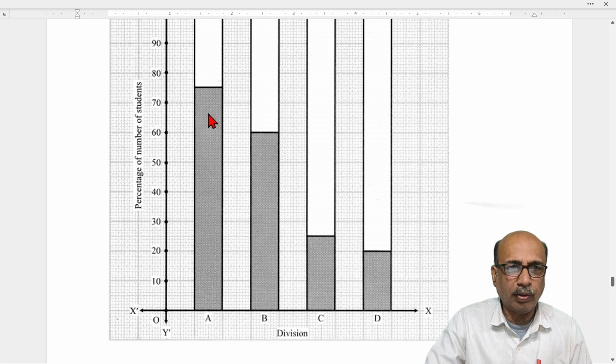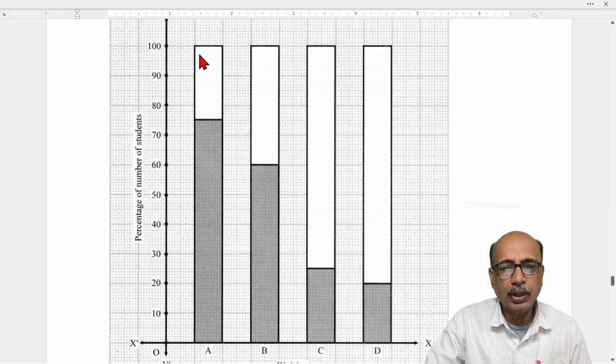Now 75% was there students scoring A grade and rest 25%. For section B, 60% A grade, not scoring 40%, means 60 plus 40 again 100%. For section C, 25% scoring A grade, others not scoring A grade 75%, total comes to 100%.